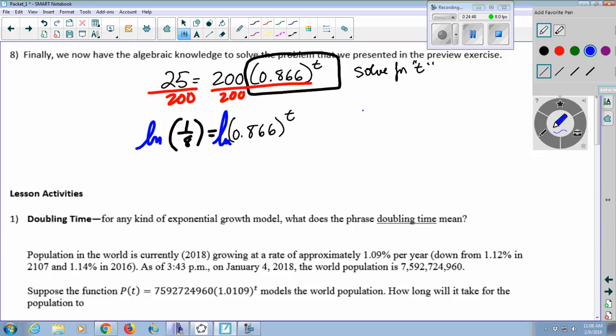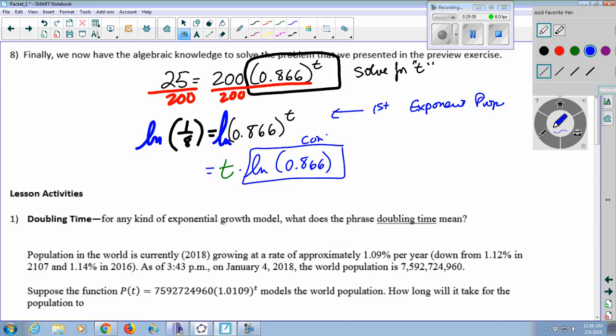So you use the first property we talked about, the exponent property that we talked about just a minute ago. The t is going to come down in front, and it's going to multiply the natural log of 0.866. This is just a constant. It's just a number. It's the coefficient of t. The natural log of 1/8 is just a number, a constant.